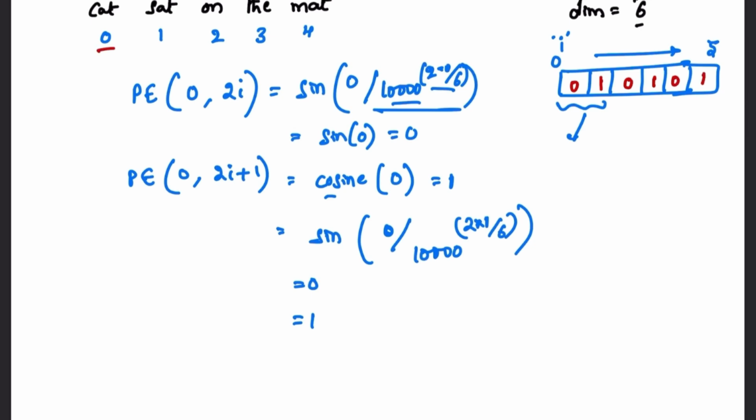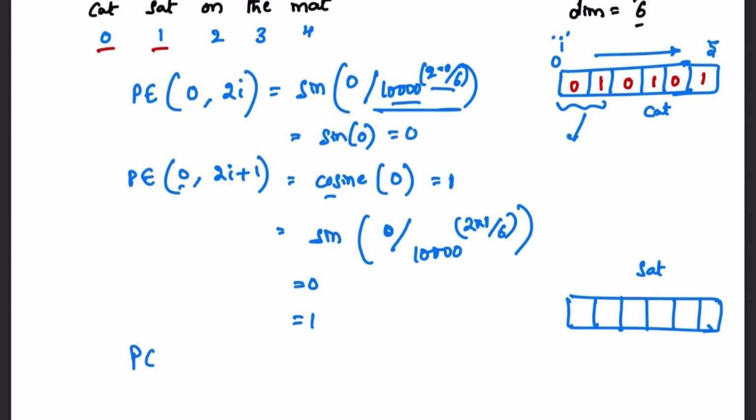Now similarly, for the second word also, I need to create a vector, right? This is for sat, suppose. This is for cat. For the second word also, I need to create a vector. Here, the position value will be 1.